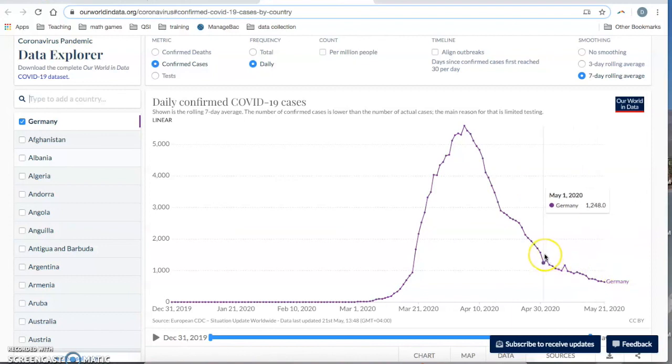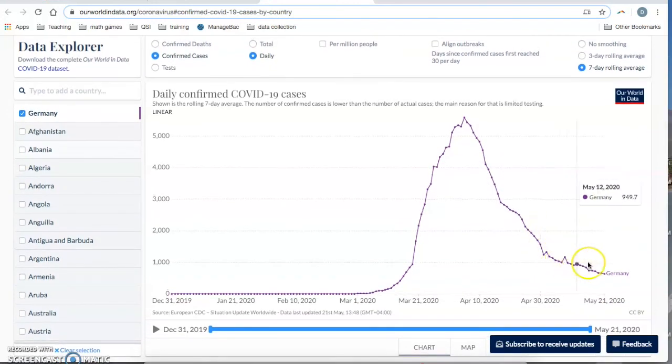So if you were to ignore all of the data before April 10th and just continue from here, it kind of looks like we have exponential decay here. So in other words, the new cases are decreasing at a steady rate.